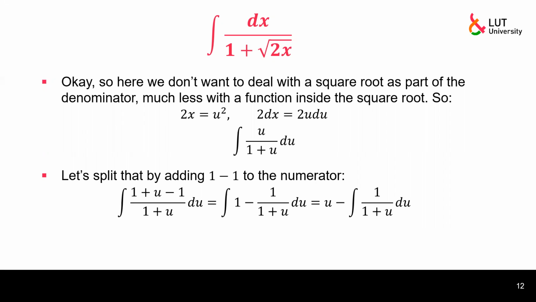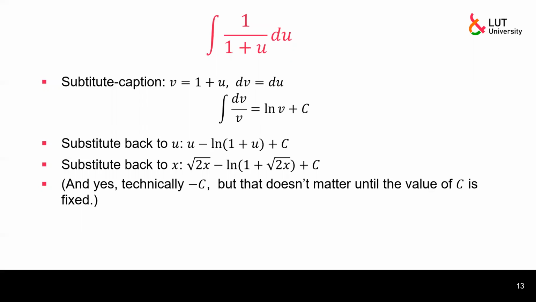Okay, the integral of 1, we can separate from the minus. The integral of 1 is u, and then we have the part left, minus the integral of 1 over 1 plus u. So we have substitutions within substitutions. Substitute-ception, I guess. I have never seen the movie Inception, by the way, but regardless, I've gotten the memes.